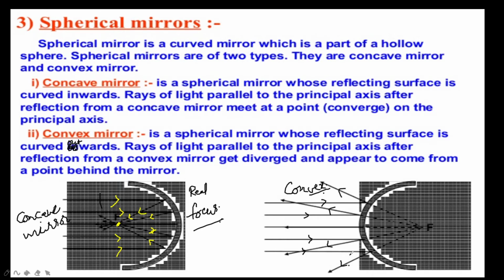A parallel beam of light, when it is falling on this mirror, appears to diverge from a point behind the mirror after reflection. Here it seems to meet at a point and the light rays are coming from this. So that's why it is called a diverging mirror, and it has a virtual focus.